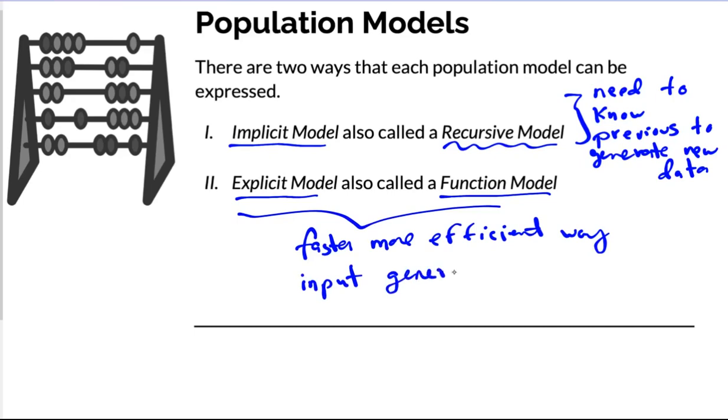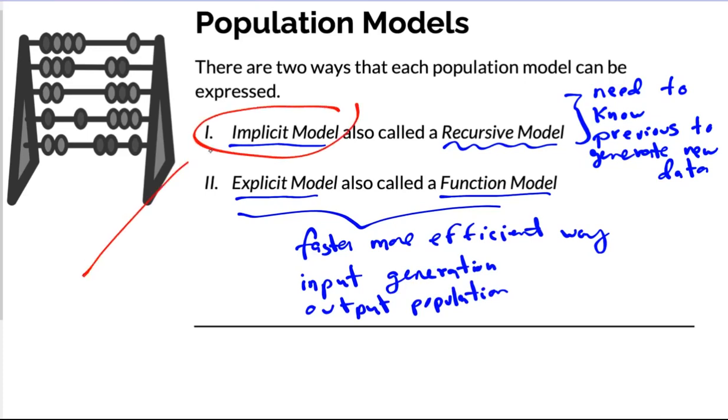So again, we input the generation and it outputs the population. So you might say, well, why do we have both? Well, sometimes we can only model things implicitly. We don't have enough information to model things explicitly.